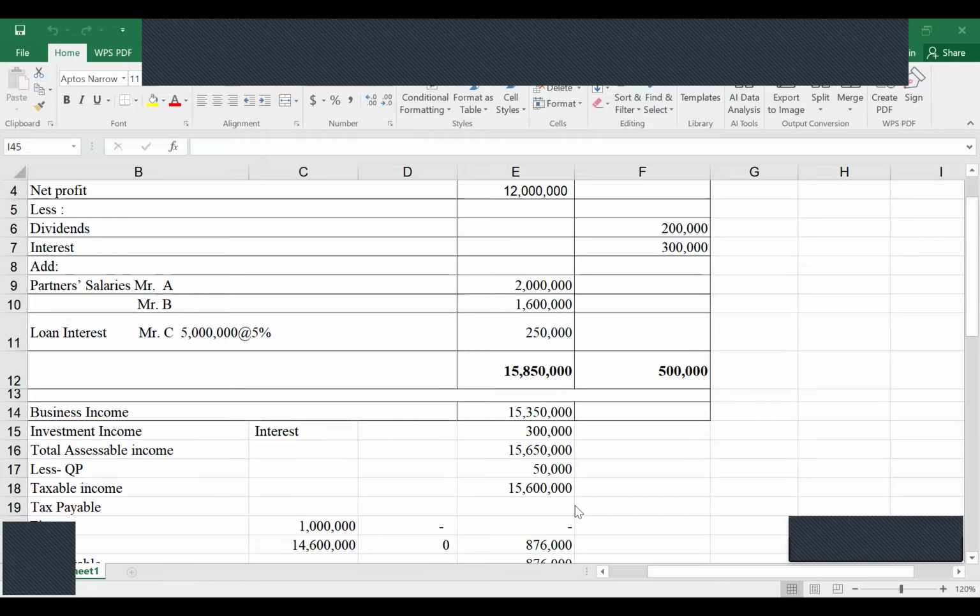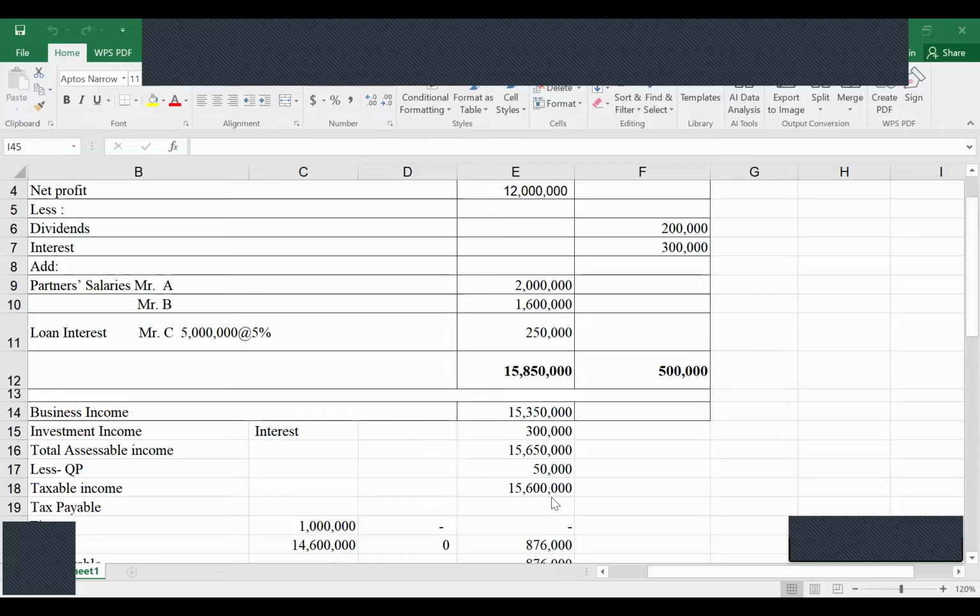Government means government institutions. So this is not to an approved charity but to the cancer hospital. The cancer hospital is a government hospital. So government hospital, government school, we can donate, so it can be considered as a qualifying payment. Here it is to the cancer hospital, therefore we can consider it as a qualifying payment.